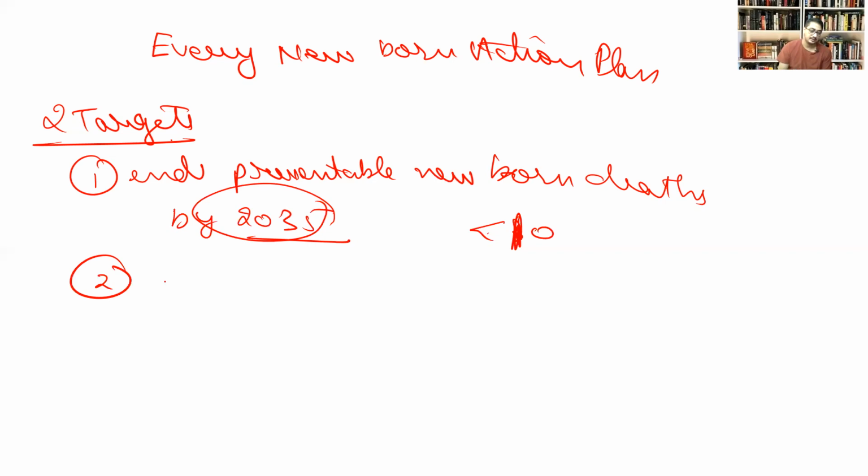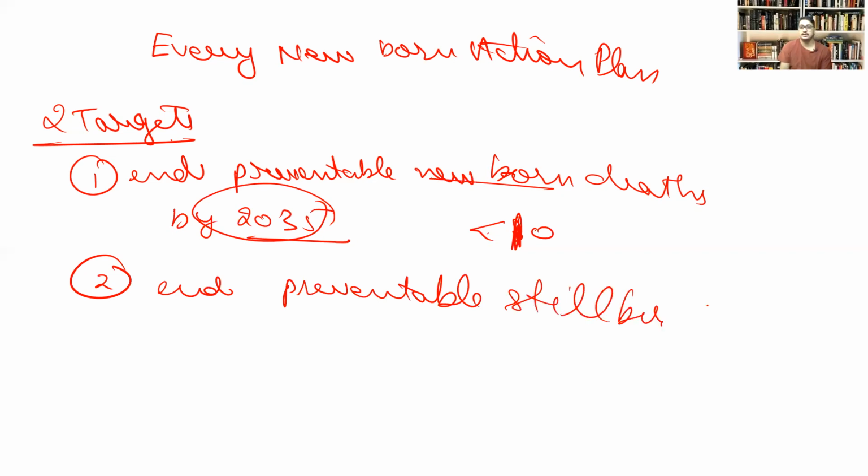And second is ending preventable stillbirths. Why is the word preventable there? Because there are certain congenital anomalies which are very difficult, they cannot be prevented because of genetic reasons.